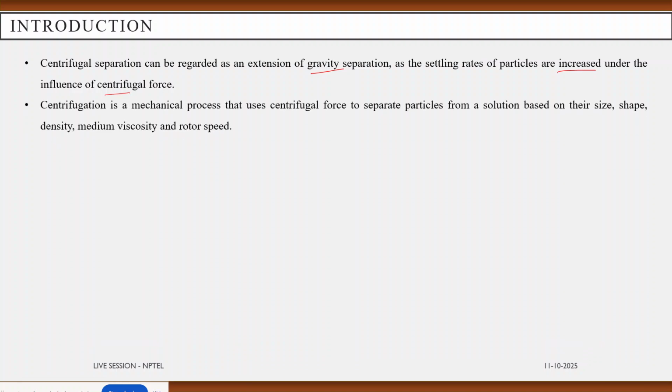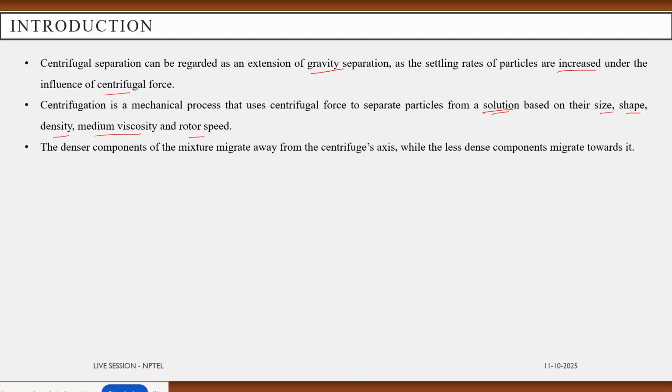Centrifugation is a mechanical process that uses centrifugal force to separate particles from a solution based upon their size or shape difference, density difference, medium viscosity, and also difference in the rotor speed.